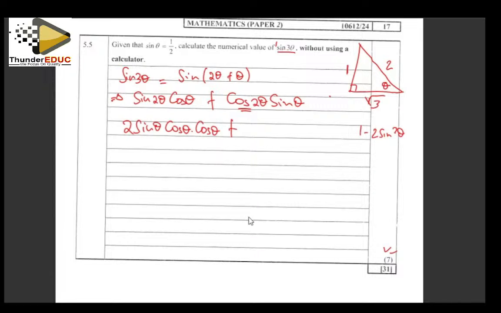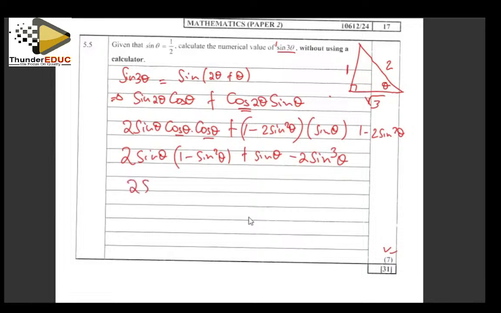Let me just put it that way: 1 minus 2 sine squared theta, now multiplying by sine theta again. So this becomes 2 sine theta times cos squared, which is the same as 1 minus sine squared theta, and then plus sine theta minus 2 sine cubed theta.